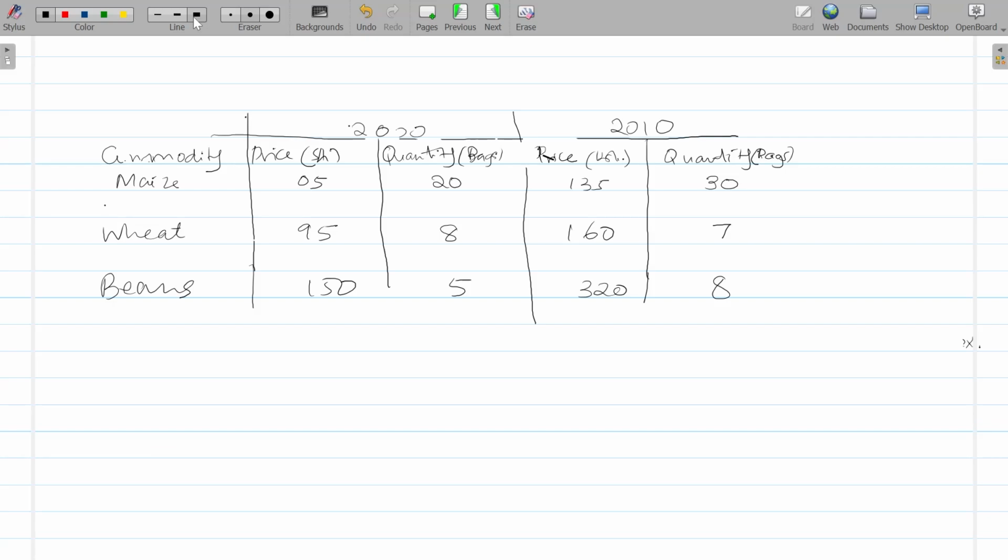Then we are going to use our formulas to calculate. So we are going to have the commodity. Of course, we have maize, we have wheat, and we have beans.